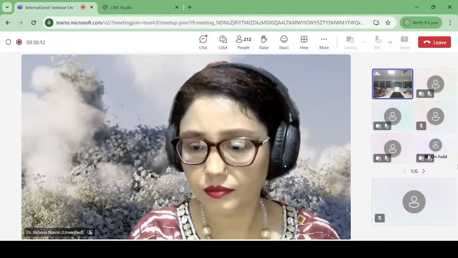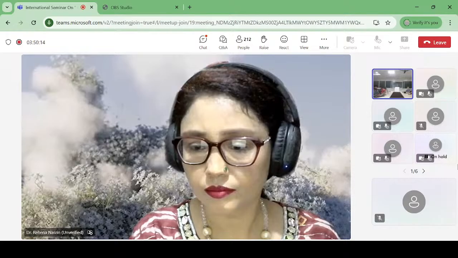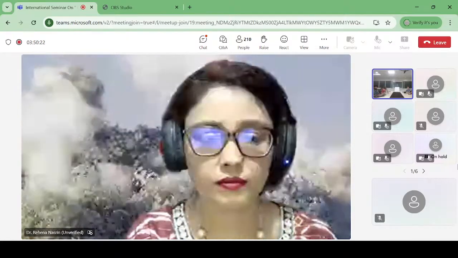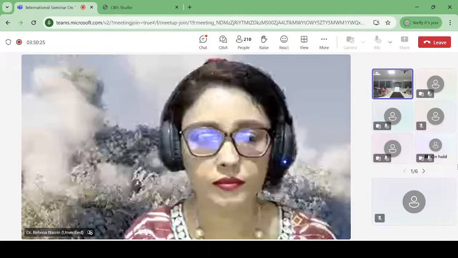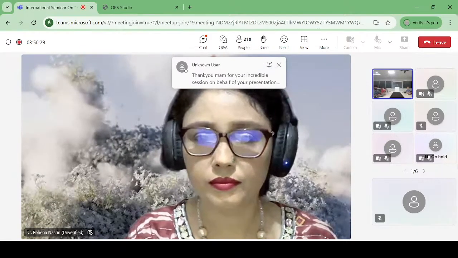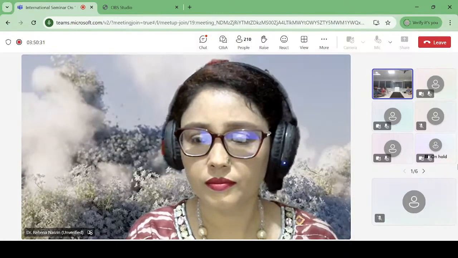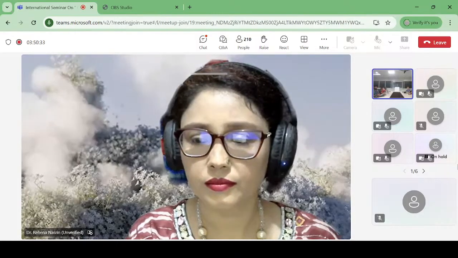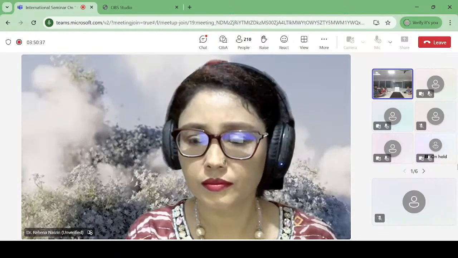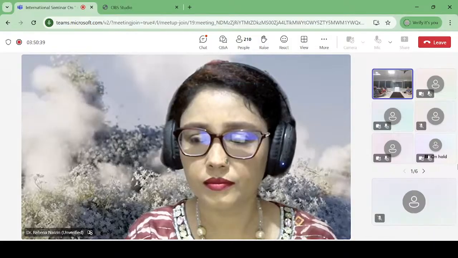My heartfelt thanks to our Registrar, Professor K.V. Swami Sir, and Principal UCST, Dr. P. Vijayanagala Madam, for their valuable support and presence. Our appreciation goes to the esteemed resource persons, Professor D. Srinivasacharya, Department of Mathematics, NIT Warangal, and Dr. Rehana Nasreen, Professor, Department of Mathematics, Bangladesh University of Engineering and Technology, who enlightened us with their expertise and insights.